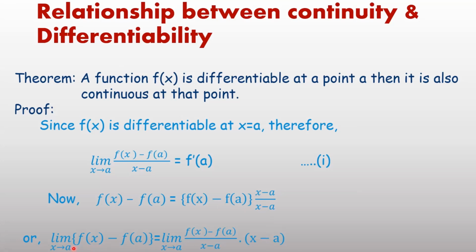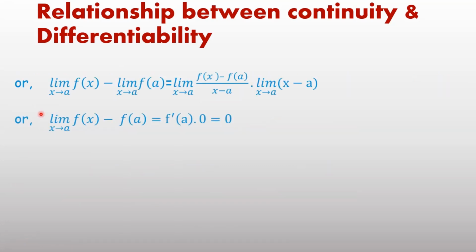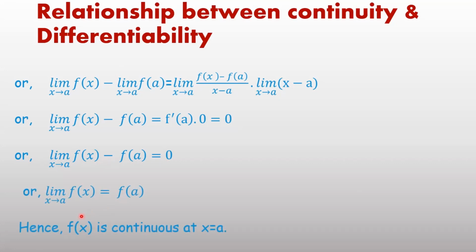Now open the bracket. Using the property of limits, you will get limit x tends to a f(x) minus limit x tends to a f(a), and limit x tends to a f(a) means f(a). On the RHS, this whole value is f dash a into, applying the limit, a minus a equals 0, so it equals 0. Or limit x tends to a f(x) equals f(a), which means the function is continuous. It implies that if any function is differentiable at any point, we can say it is also continuous at that point.